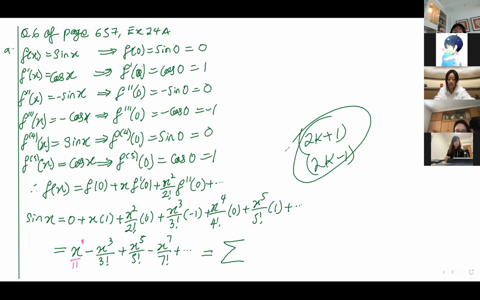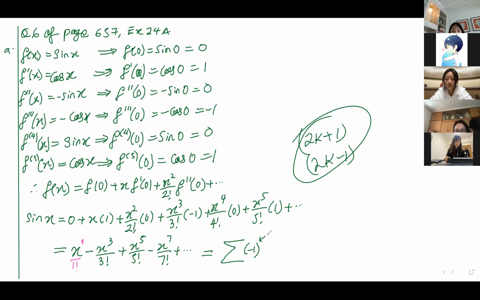Also, you have an alternating series, plus minus, plus minus. So definitely you are dealing with a minus 1 raised to power some k or some k plus 1.